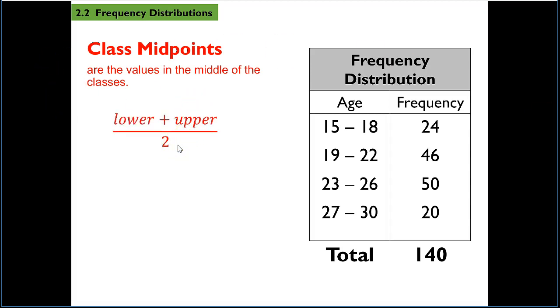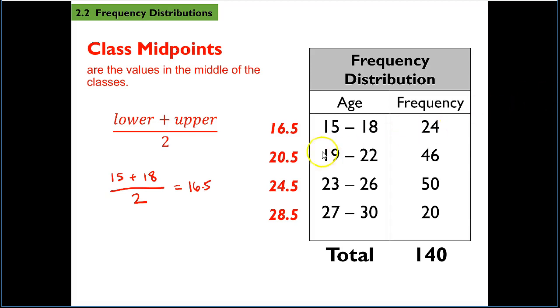So pretty much we're taking the average of the endpoints. In this case, we're taking 15 plus 18 and dividing it by 2. If you work that out, you'd get 16.5.